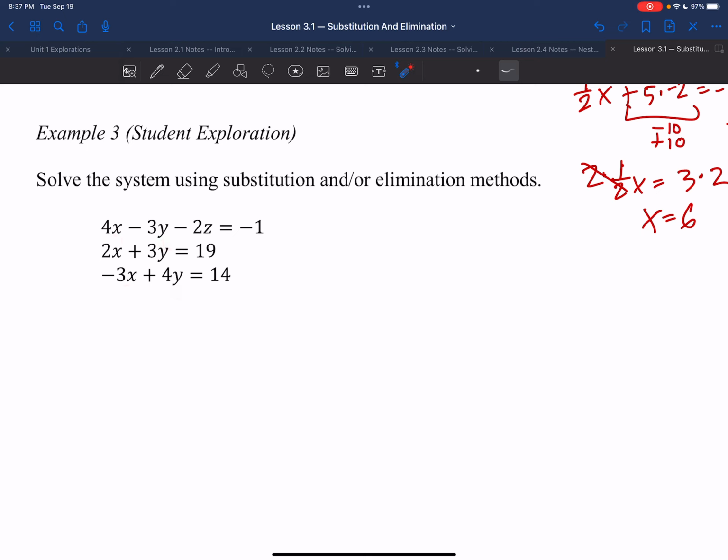It might look a little intimidating with all the variables and coefficients, and now you have 3 equations, right? But the fact that you have a system of 2 equations with 2 of the same variables means you can still use the exact same techniques in the same way that we've been doing it.